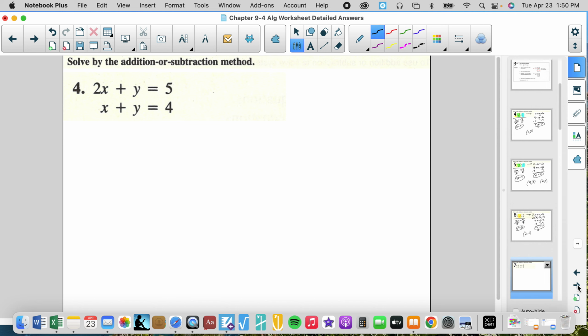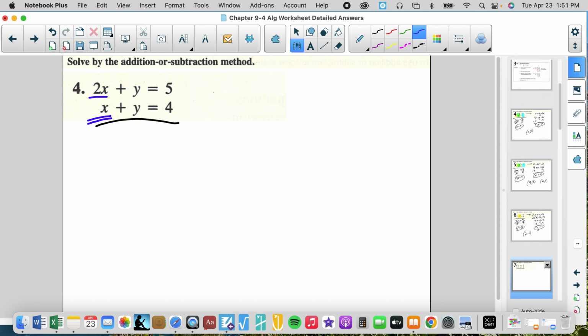Nothing cancels here. So they would like you to do the subtraction. So I'm going to introduce something to you called the multiplication. I can create an equivalent equation by manipulating this bottom equation. If I wanted to get rid of the x's, I have positive 2x here.